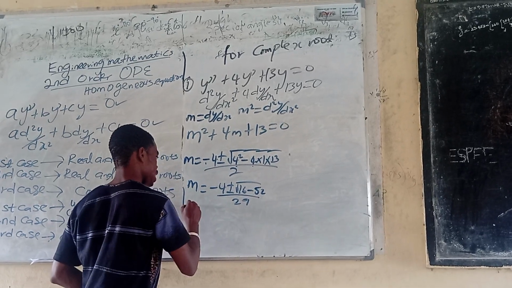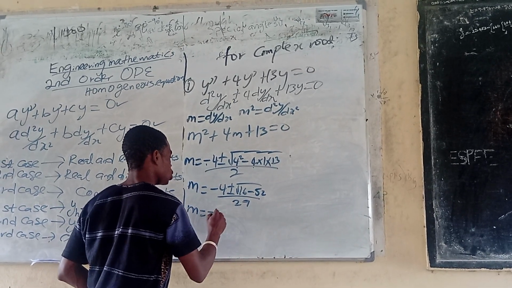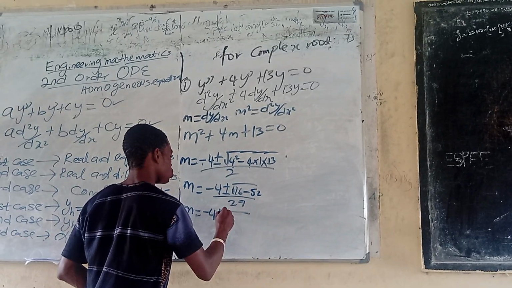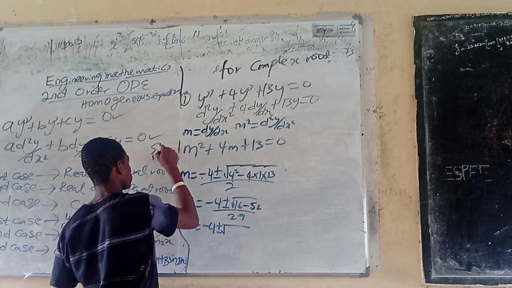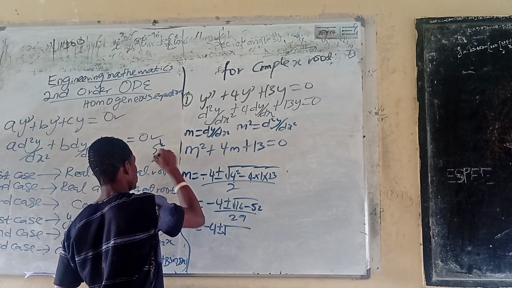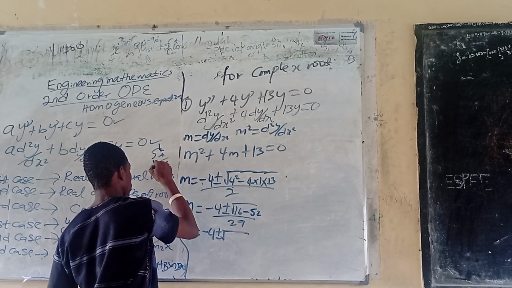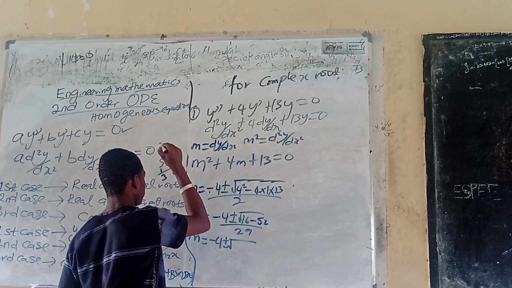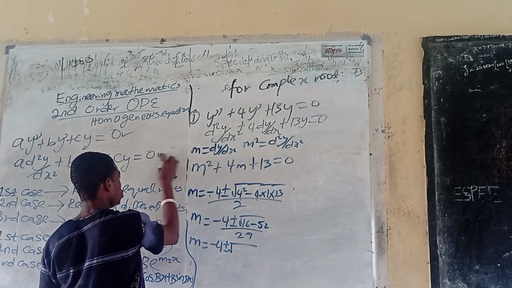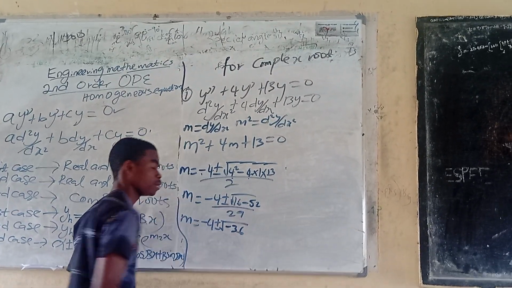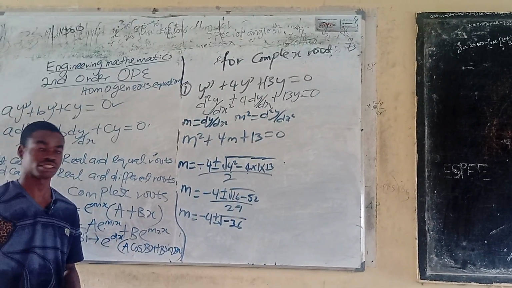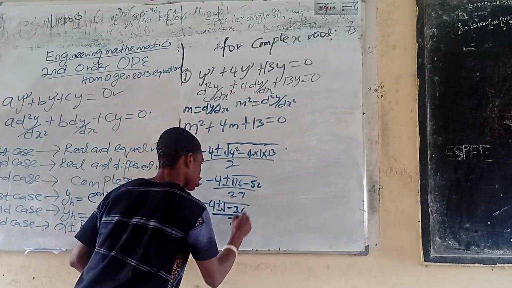So m equals minus 4 plus or minus the square root of 16 minus 52, which is minus 36, divided by 2.